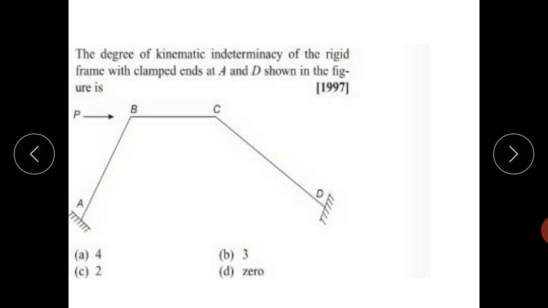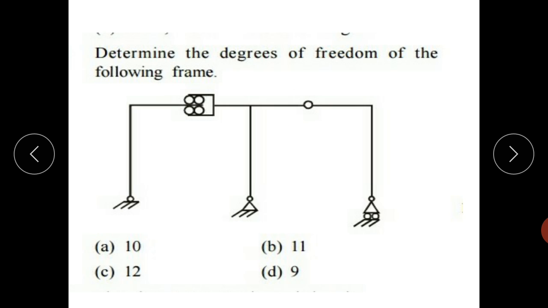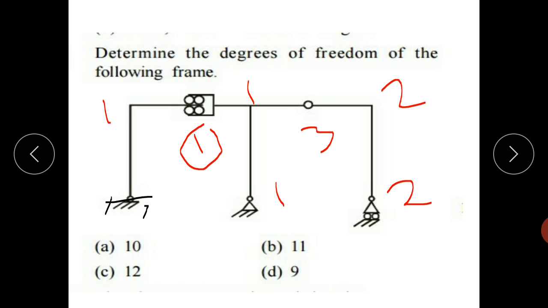Again the same, delta x common over here, rotation, rotation, so 3. Common delta x and rotation. Here we are neglecting axial deformation in y direction, that's why 2 rotations for this half and this half, and delta x, that's why 3 degrees of freedom.